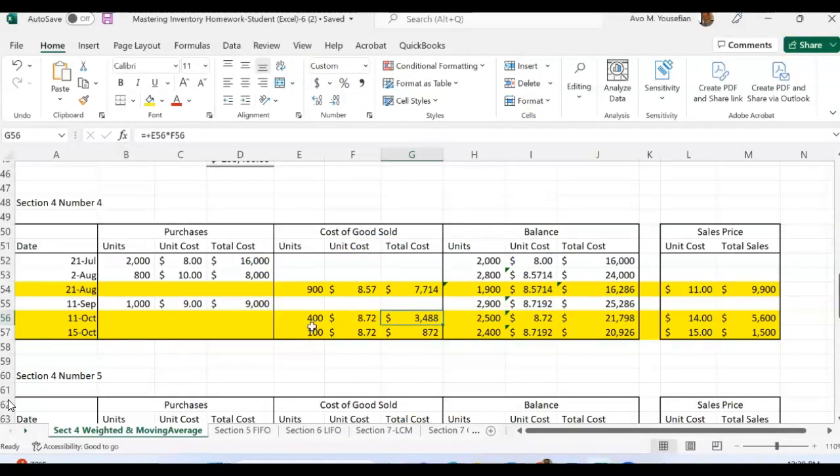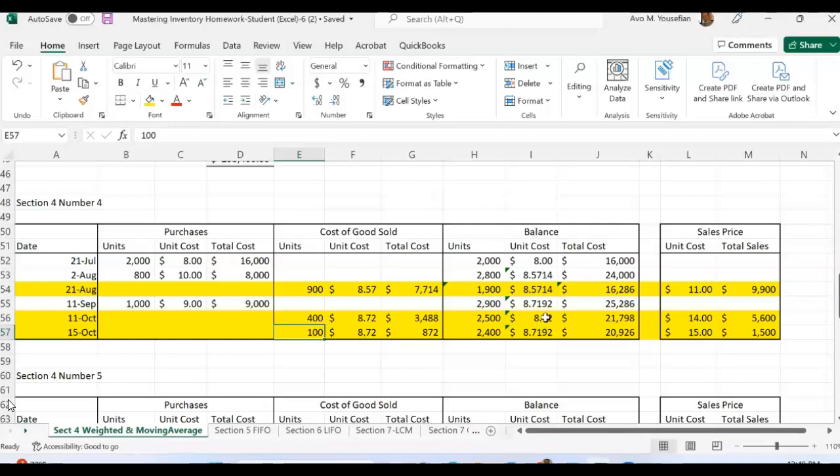Next one, we have one more cost of goods sold. We sold another 100 units at $15 this time. Very good. So 100 times 15 gives us $1,500 sales, and here is the formula. But what would be the cost of goods sold? The cost of goods sold is 100 units multiplied by the average cost. And what is the average cost?